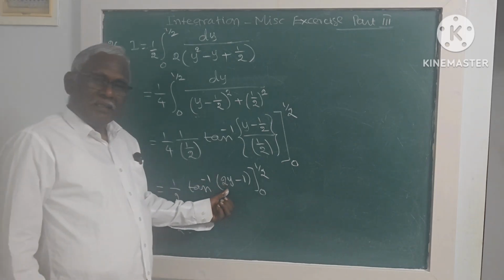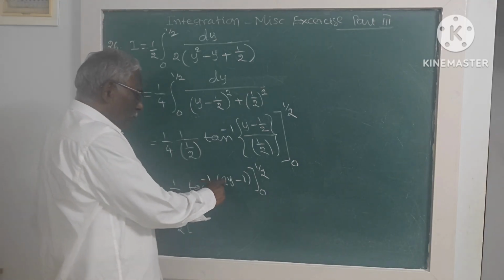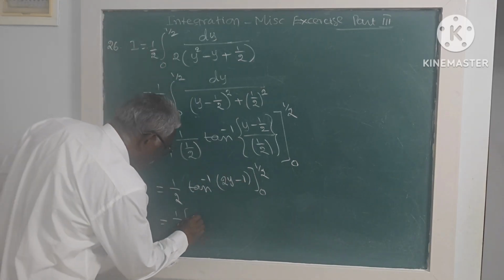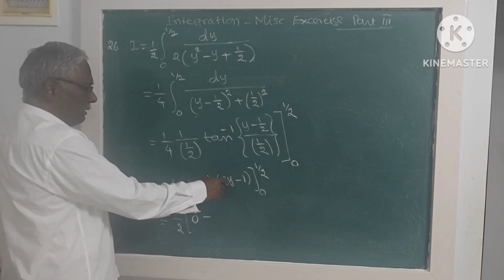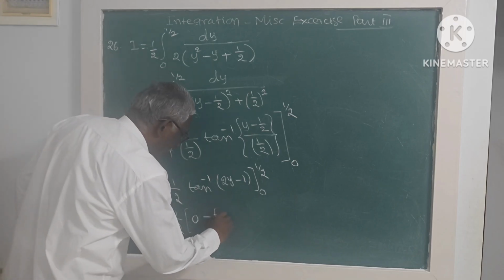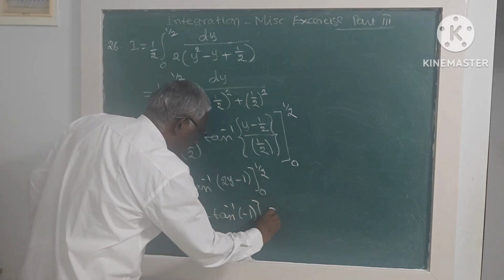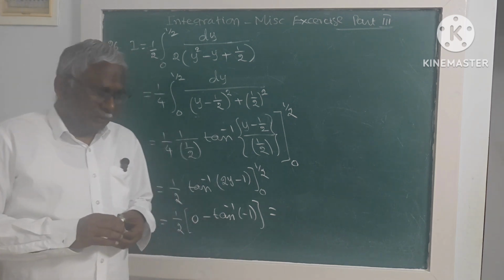Now for y, we will substitute half. So 2 into half minus 1 is 0. Tan inverse 0 is 0 only. Minus, if you put y as 0, then it will become tan inverse minus 1. So what is tan inverse minus 1?